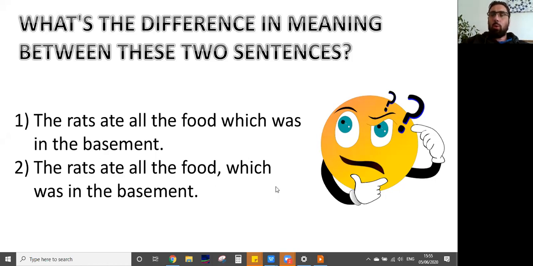I'm going to say no. They're both referring to the food, but there is a big difference in meaning. Amani, make sure that you watch the previous videos because we went into detail about the difference between defining and non-defining relative clauses. Some of you are saying about the food. Yeah, both of them are about the food, both the defining and the non-defining relative clauses.